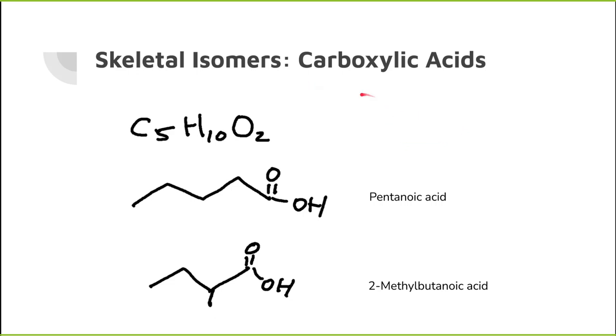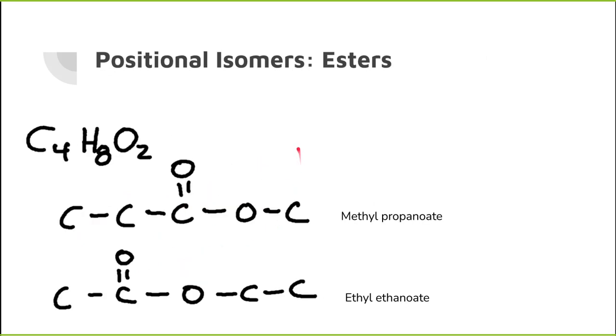And we can have skeletal isomers with carboxylic acids that we talked about. So both pentanoic acid and 2-methylbutanoic acid are isomers of each other because they have the exact same molecular formula. So carboxylic acids can have skeletal isomers of one another. Esters can have positional isomers.